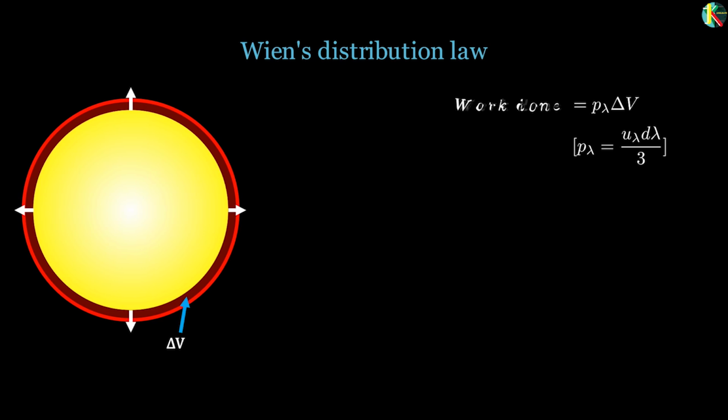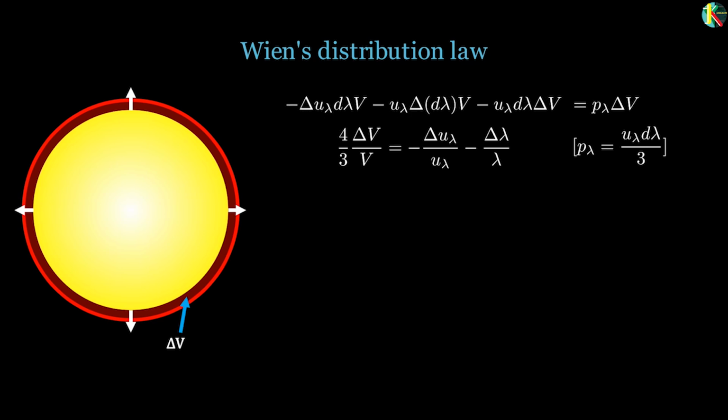Now this work done must be equal to the energy reduced during expansion, which is given by delta of u lambda multiplied by d lambda into V. So from this we have the following equation. Dividing each side by u lambda d lambda V, we get this. We can always prove that delta lambda by lambda equal to delta of d lambda by d lambda.